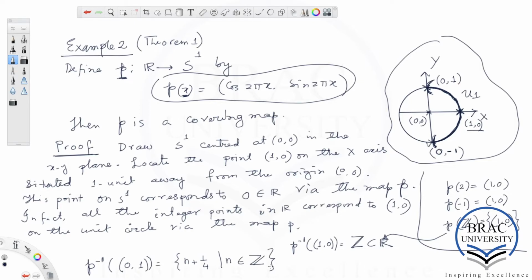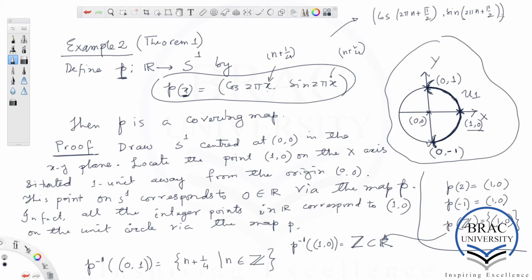Because if you plug in n plus 1 quarter here, what you get is the following. It's going to be cosine of 2 pi n plus pi over 2, and the y coordinate is going to be sine of 2 pi n plus pi over 2.